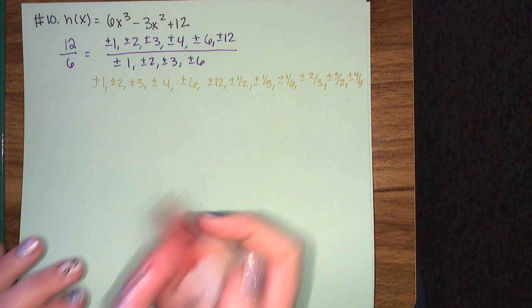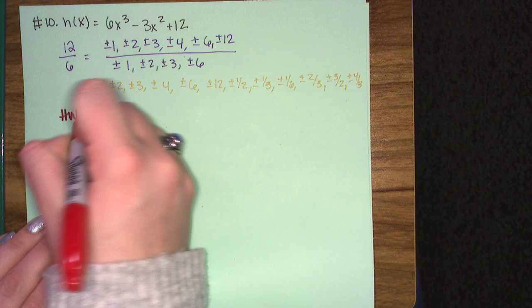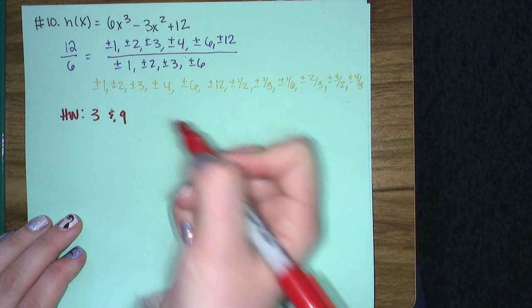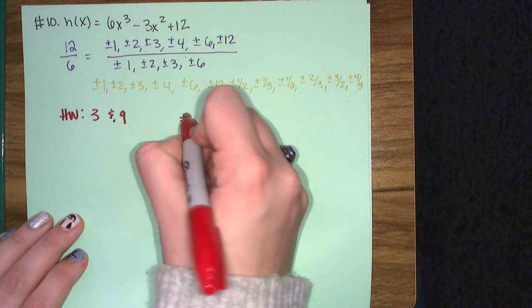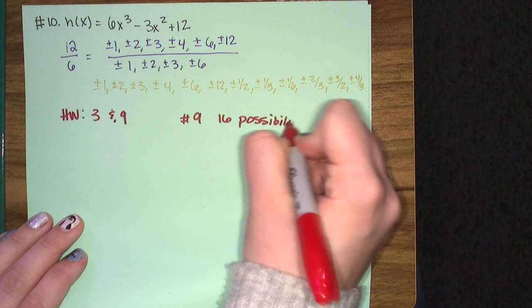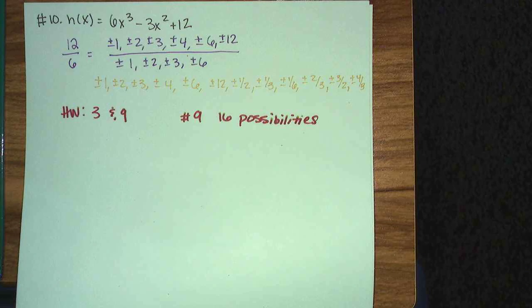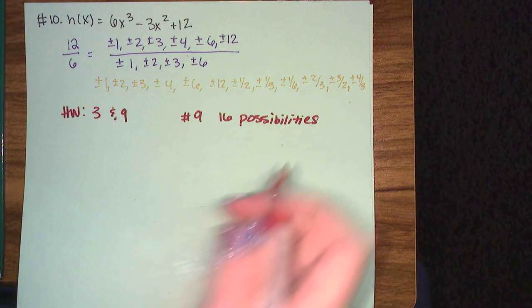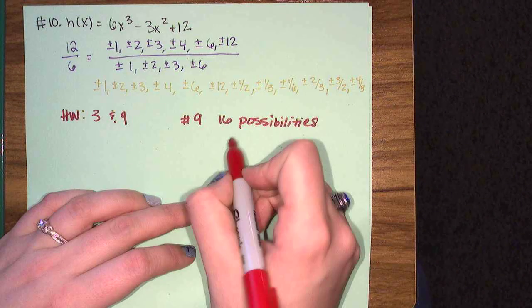Number 3 and 9. I'm just going to tell you, number 9 has 16 possibilities. But in reality, that's actually 32 total possibilities. This is how many different numbers you should have written.